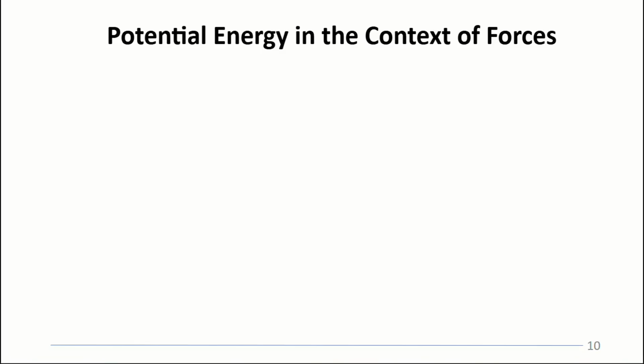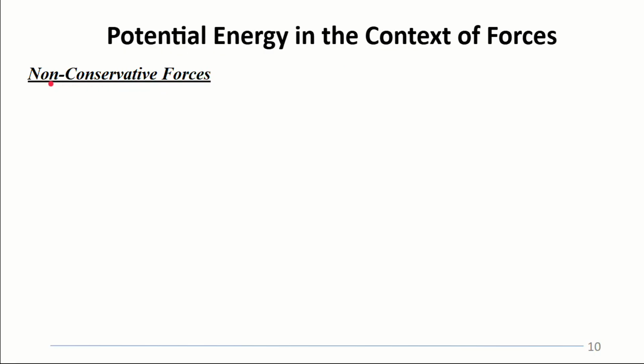Now let's take a closer look at potential energy in the context of forces. So let's first talk about non-conservative forces. In the case of non-conservative forces, you would clearly expect that the initial energy of the system, that is, initial kinetic plus potential energy, is not going to be the same in the final and initial states.